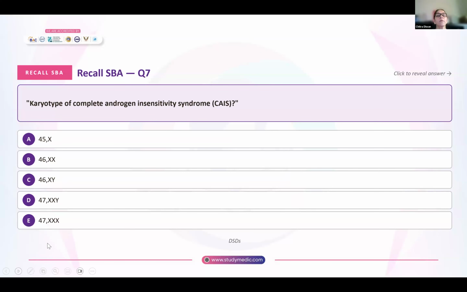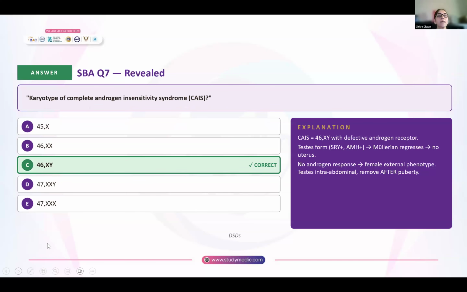Karyotype of complete androgen insensitivity syndrome. Remember, these are genetic males, so it will be 46XY. Androgen insensitivity is there because of defective androgen receptors. Because the SRY is present and AMH is present, the testes form because of SRY.